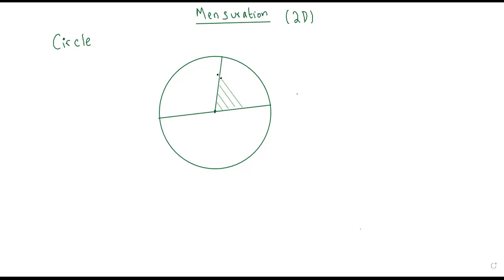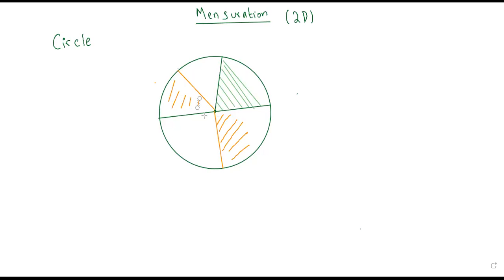Now, obviously, this sector could be made in any part of the circle. I am talking about this one. It could be somewhere down here. I'll make another one. So let's say it could be this as well. It could be this one too, right?